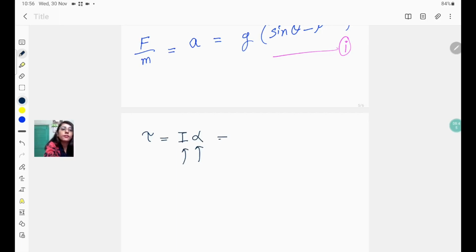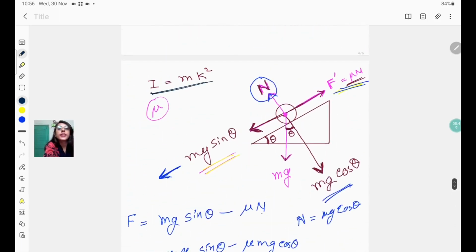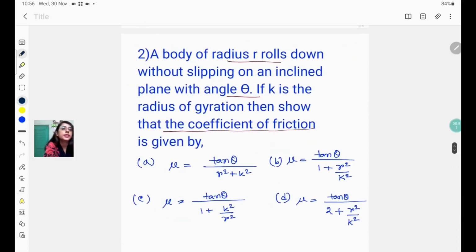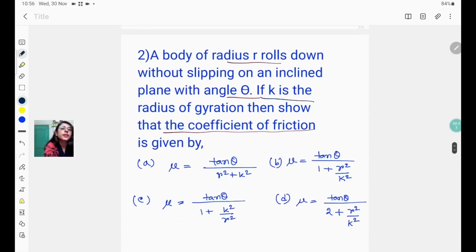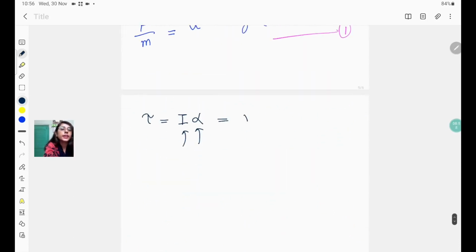And we already have found the moment of inertia for this body, which is mk square, where k is the radius of gyration and it is given in the question. Then we can write in place of I, mk square into alpha, right?